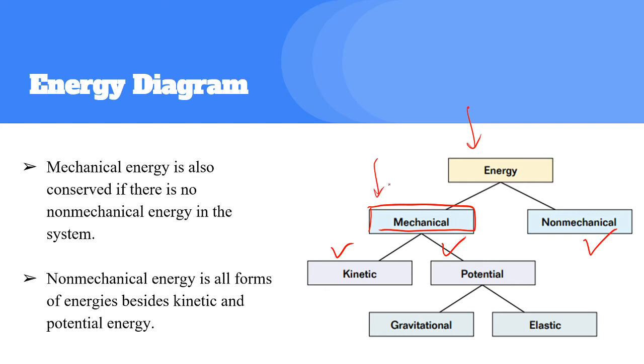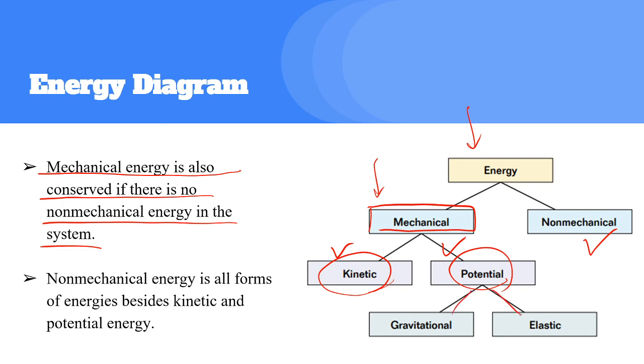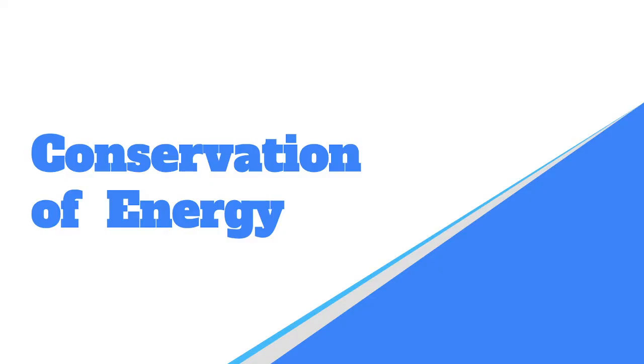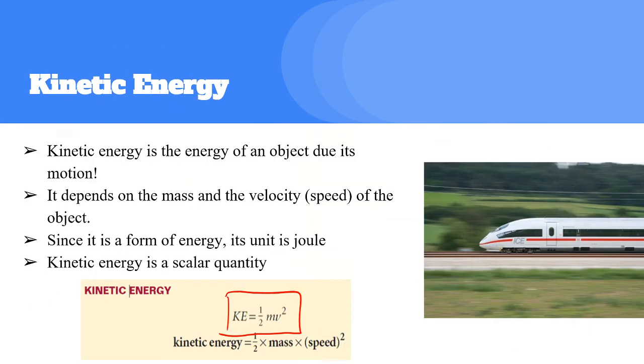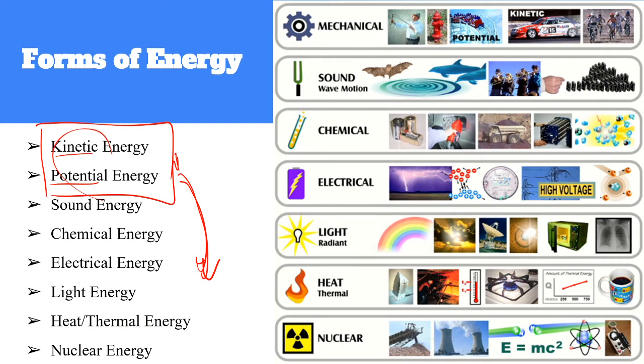But again, why is mechanical energy important? Because it is also conserved. So the sum of kinetic and the two forms of potential is going to be constant in a system. But when is it going to be constant? If we don't have others in the system. And let's remember what the others are: sound energy, chemical, electrical, light, heat, thermal.